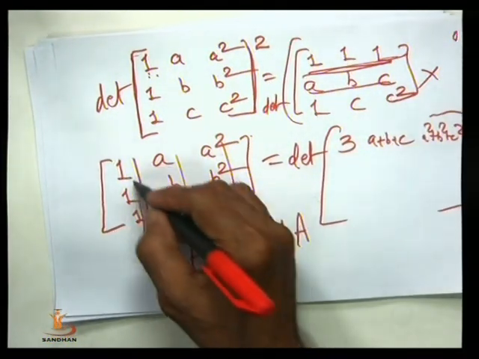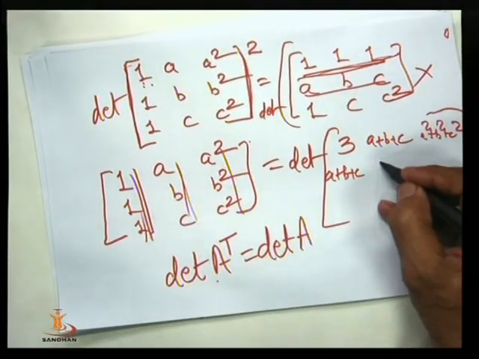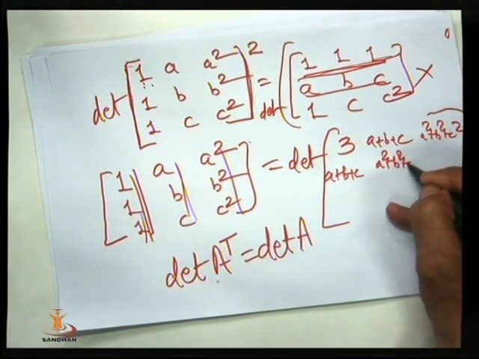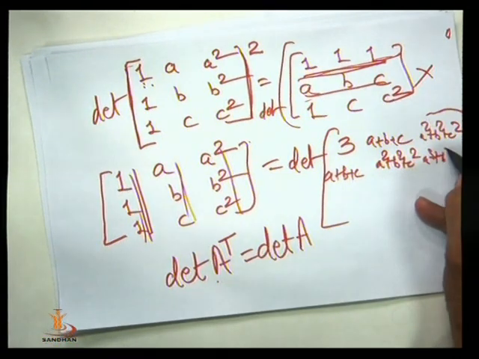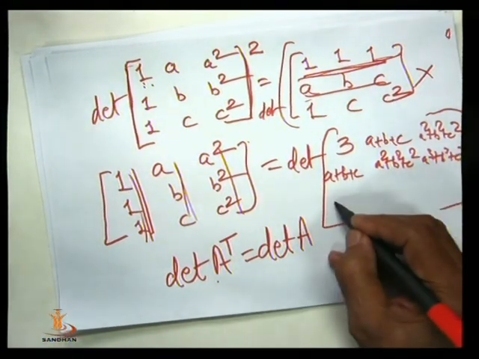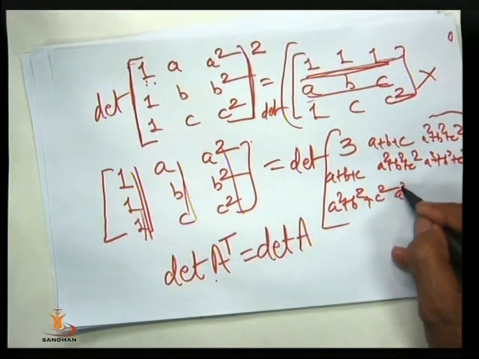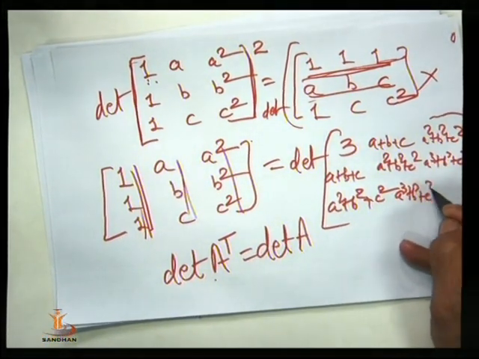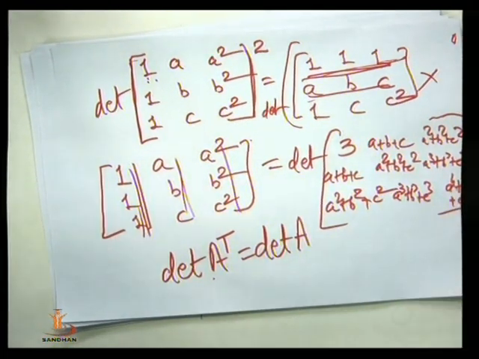Now take the second row, first column, so a plus b plus c, then a square plus b square plus c square, and then a cube plus b cube plus c cube. That way you complete this one, and you get a cube plus b cube plus c cube, and a raised to 4 plus b raised to 4 plus c raised to 4.